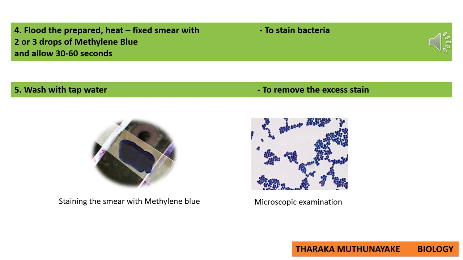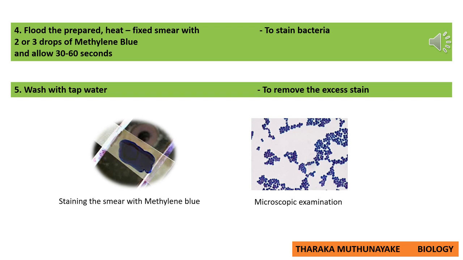After staining, we have to wash the slide using flowing tap water. So the step is wash with tap water to remove excess stain. Washing should be done carefully. Don't use heavy flowing water. Open the tap slightly and wash the surface of the slide to remove excess stain.